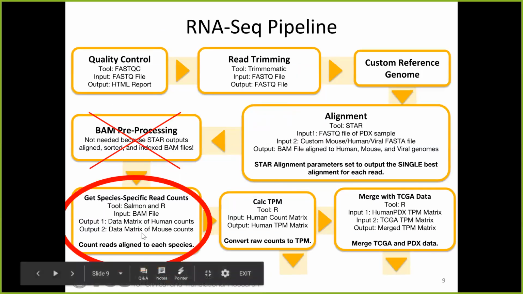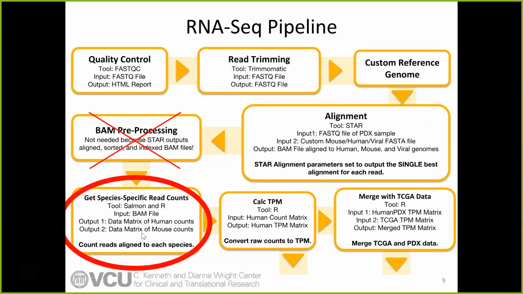So at this phase, before, just to find those percentages, I was just looking at the BAM files. I was just manually processing the BAM files to figure out what aligned to human, what aligned to mouse. I didn't care where it aligned to human or where it aligned to mouse. So at this point, because we're trying to get gene expression profiles, we're interested in which genes the reads align to.